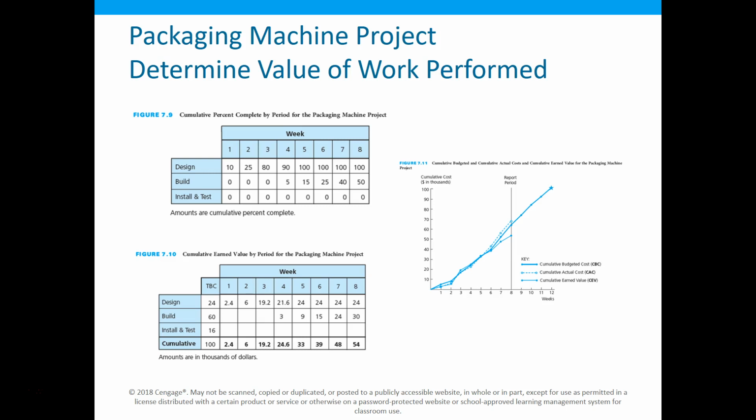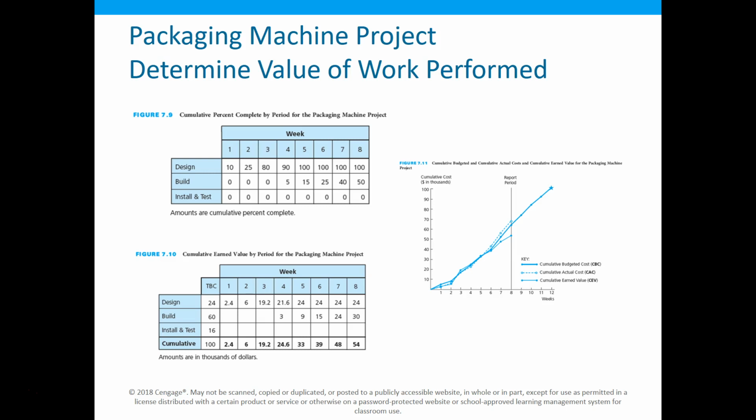So then we can create a spreadsheet, and because here we have our budgeted cost, here we have our percent, we can actually see what our earned value is for each one of those activities. So in this case, now this chart makes a little more sense.